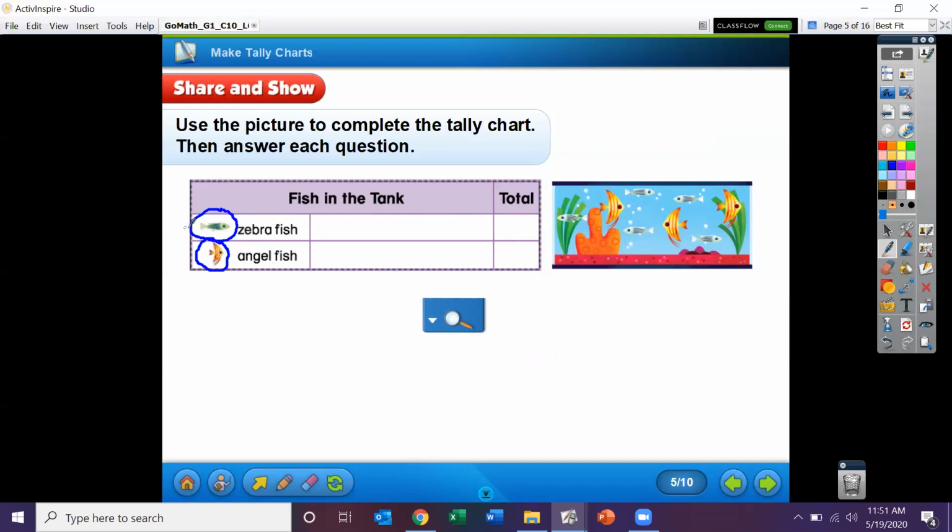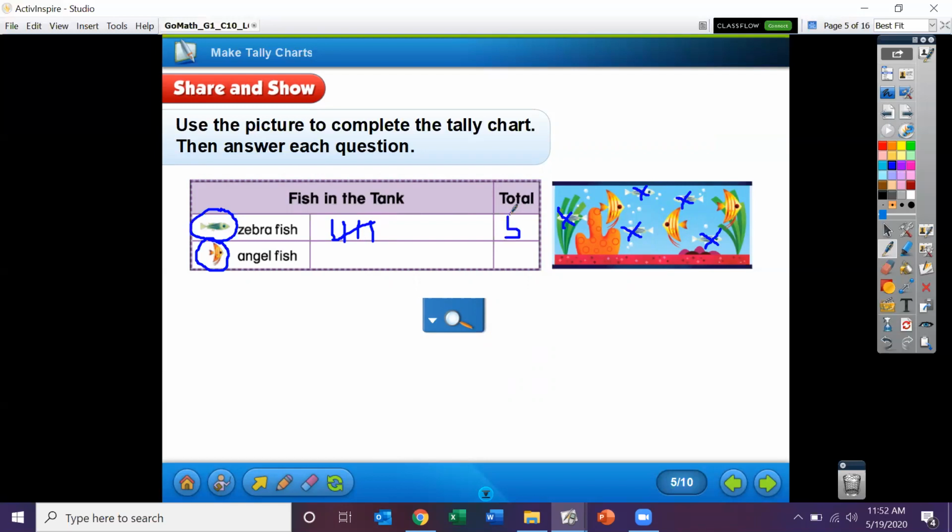So let's count our zebrafish. Ready? I'm going to put X's on that. 1, 2, 3, 4, 5. So that means 5 tally marks. 1, 2, 3, 4, 5. Don't forget your slash when you have 5.